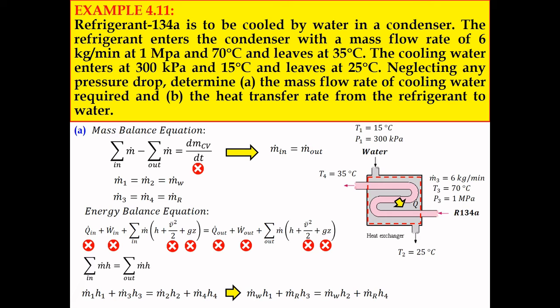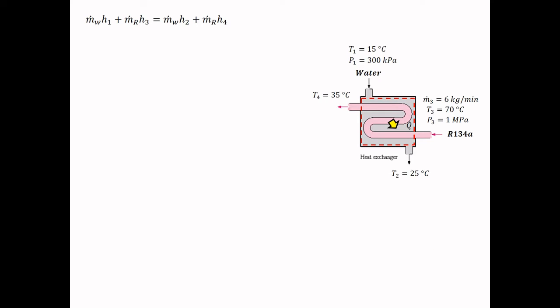Substitute the mass flow rate for each specific fluid to get a clearer picture of the equation. So m_W dot multiplied by h1 plus m_R dot multiplied by h3 equals m_W dot multiplied by h2 plus m_R dot multiplied by h4. Okay, now we have the final equation for this problem, for this heat exchanger or the condenser.